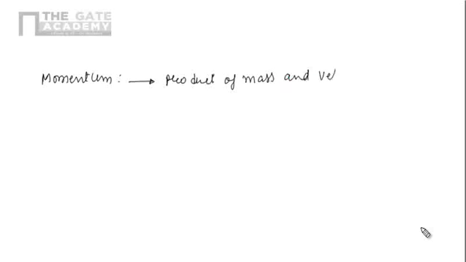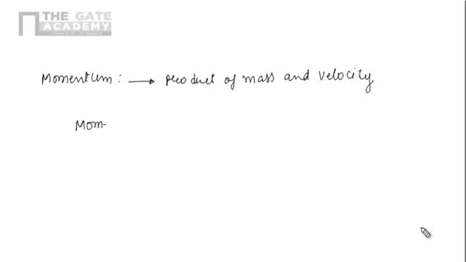Now we will start some of the fundamentals which are very useful in kinetics. So first, start with momentum. Momentum is a physical quantity which is very useful in kinematics, and momentum is nothing but the product of mass and velocity.